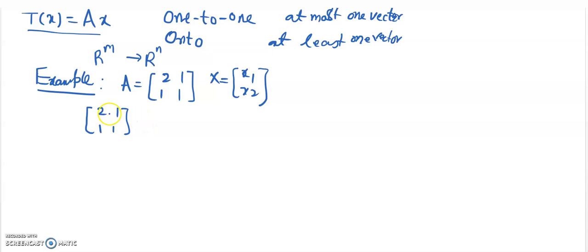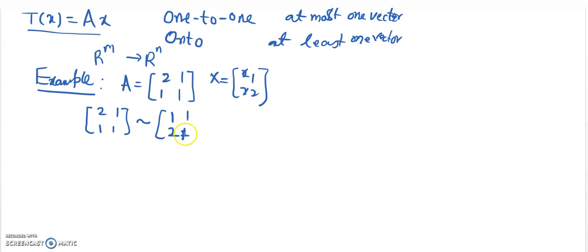In this case we can easily convert it into the echelon form by taking this row [1 1] and [2 1] as replacement.